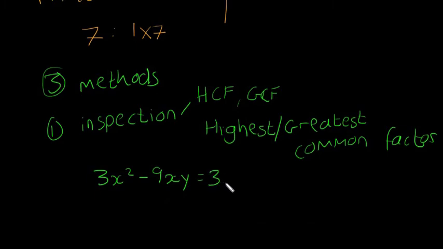So we're going to take 3x out of the brackets, and put the rest of the things into the brackets. If you divide 3x squared by 3x, you're left with x, and dividing minus 9xy by 3x, you're left with minus 3y. So this is it factorized. If you multiply that out again, 3x by x is 3x squared, and 3x by minus 3y is minus 9xy.